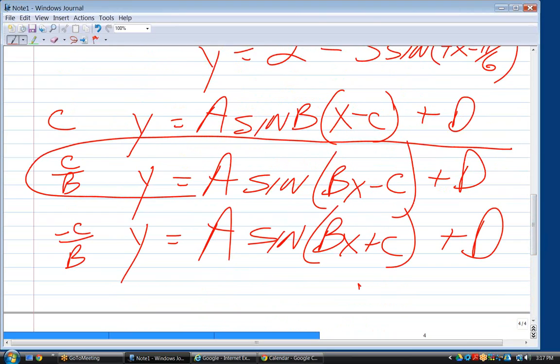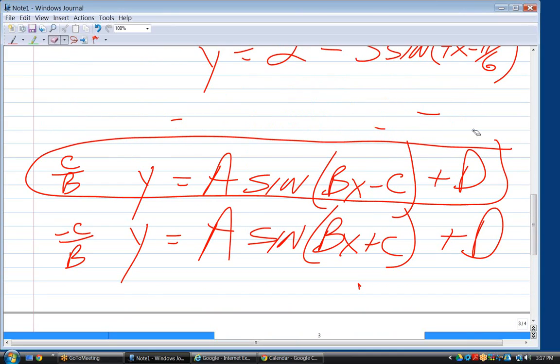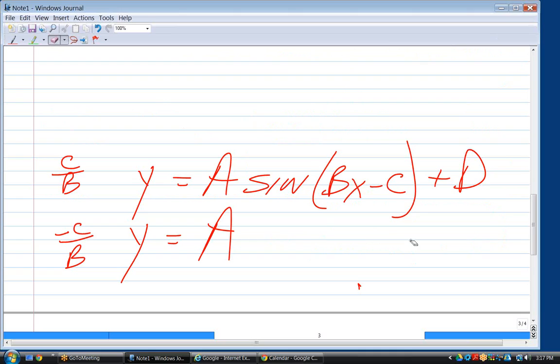This one right here. In all the problems, the B is on the inside, which is fine. It does not matter. It just means we have to change the definition of phase shift.